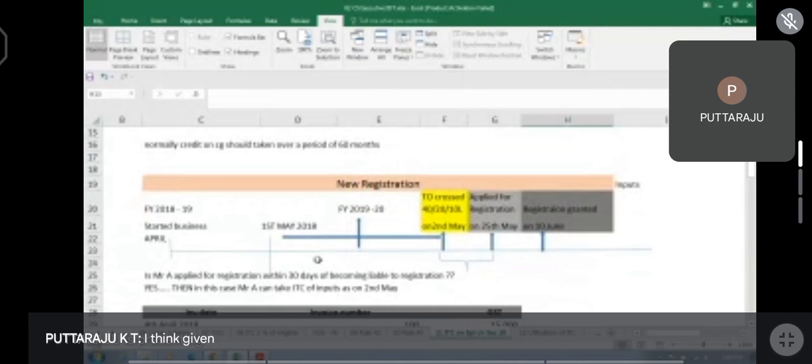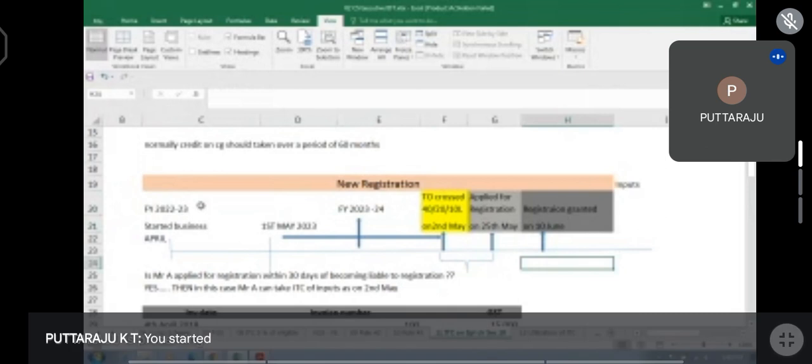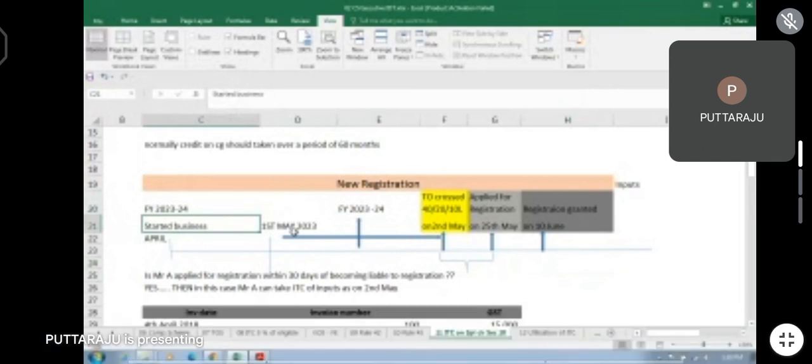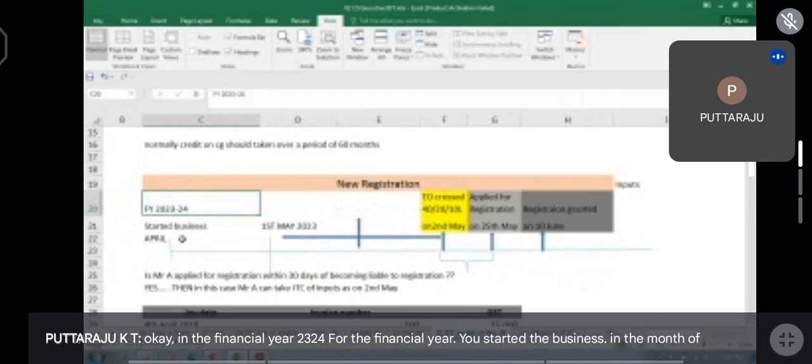I think I have given the example also. See. You have started the business in the financial year 23-24, in the month of May.